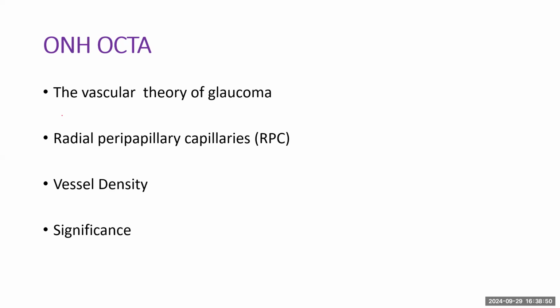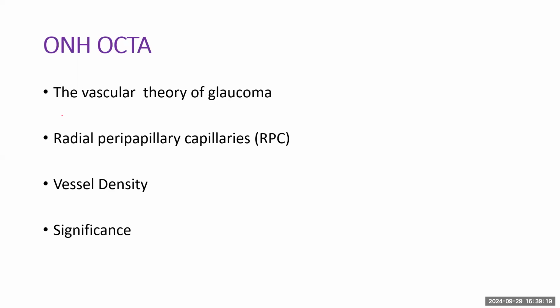So I'm going straight to the optic nerve head OCTA and how that affects our discussion today. The first part is the vascular theory of glaucoma, which I have stated: glaucoma is being recognized as a vascular disease with an ischemic component independent of intraocular pressure. Now, the vessels of interest are the radial peripapillary capillaries. It's a long name, but I'll shorten it. It's RPC.